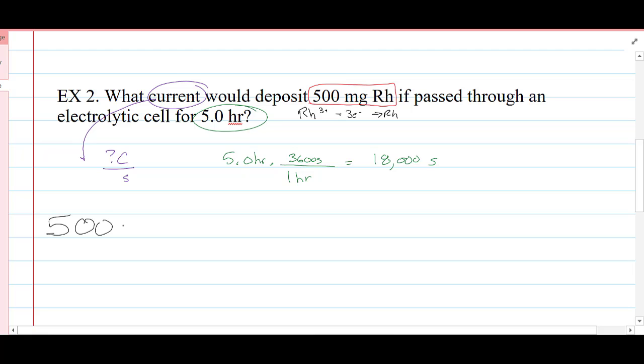For milli, I'm just going to write times 10 to the negative third grams of rhodium. And 102.91 grams of rhodium is 1 mole of rhodium, and 1 mole of rhodium is 3 moles of electrons.